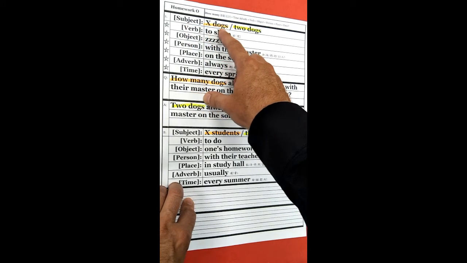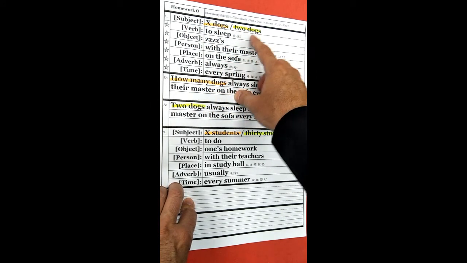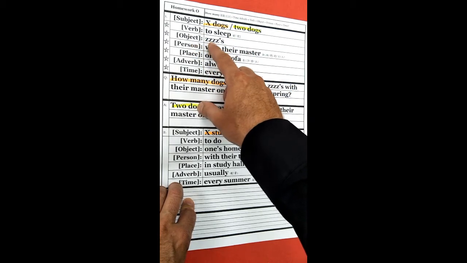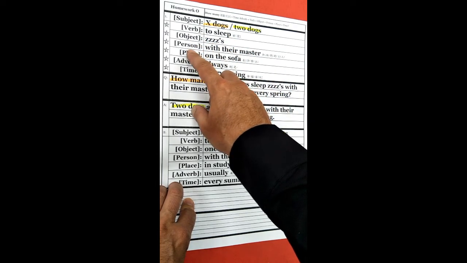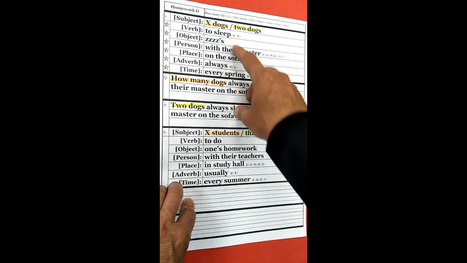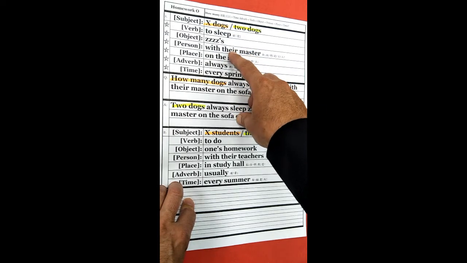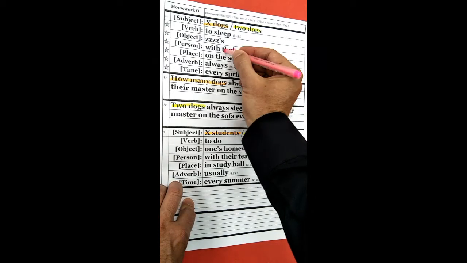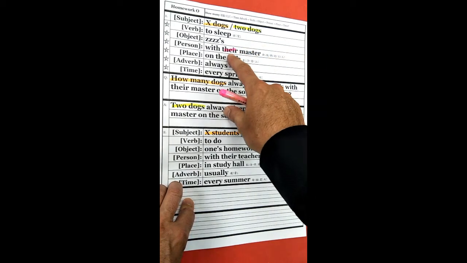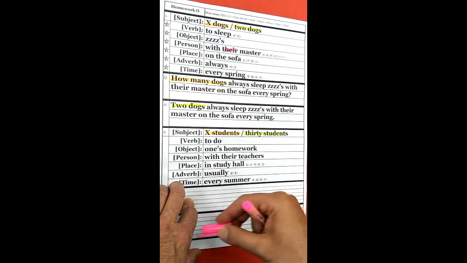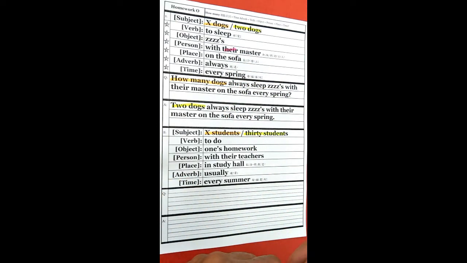Subject, X dogs, 2 dogs. Verb, to sleep. Object, Z's. Person, with their master. Because we know there's how many dogs, so we can use their. There is for people, and there's also for things or animals. Place, on the sofa.